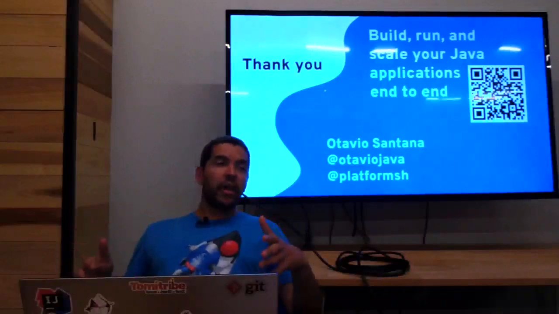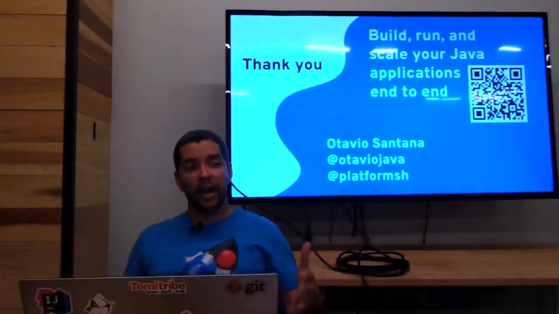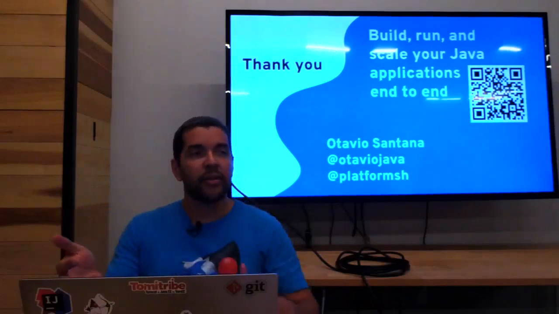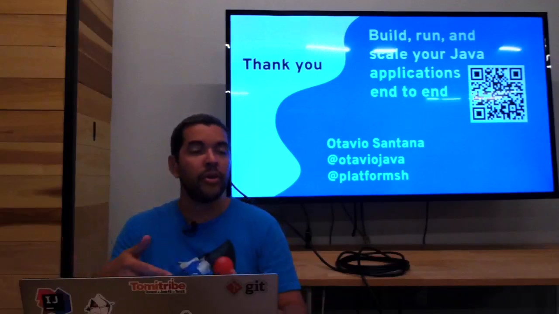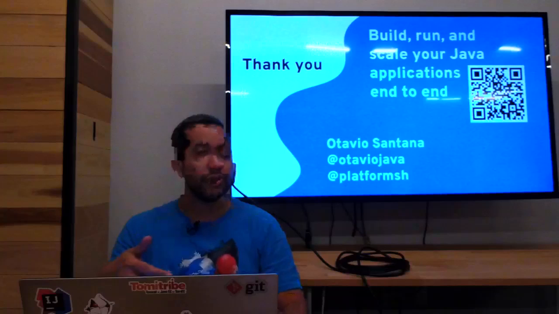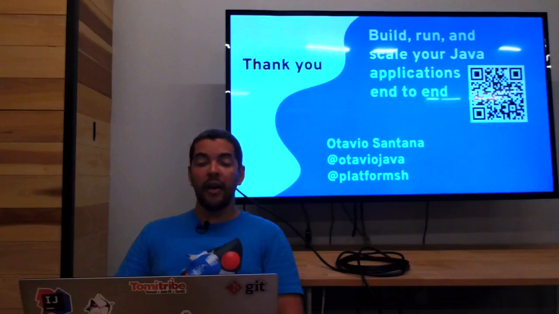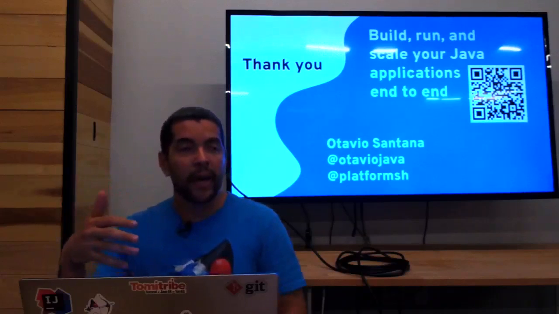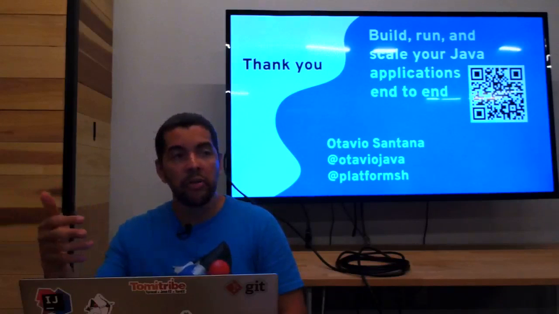So what I did today, I explained why Jakarta EE is easier for the Java developer to integrate, to have communication. We talked about how I can move my application to the cloud easily. Use any provider.